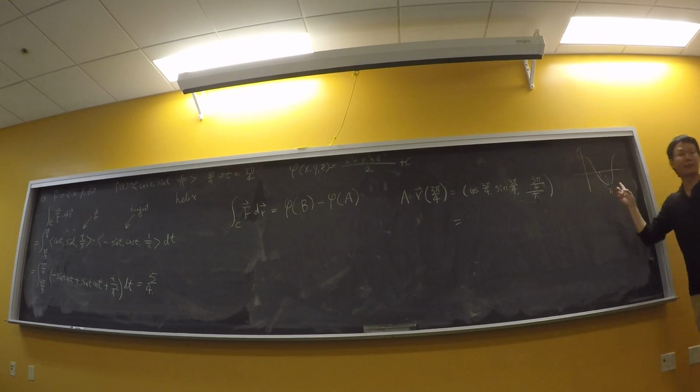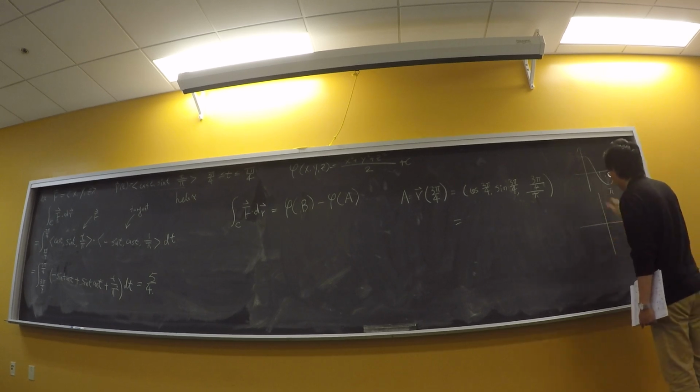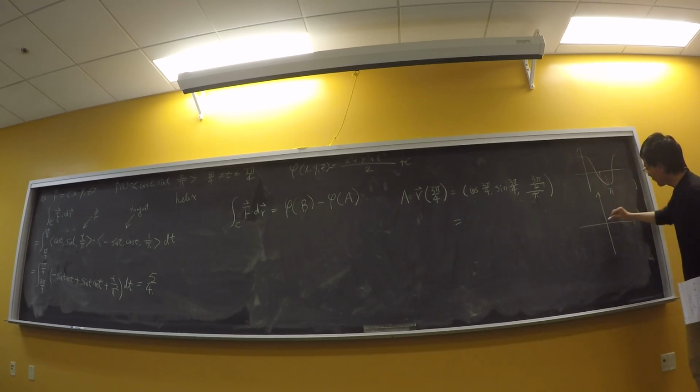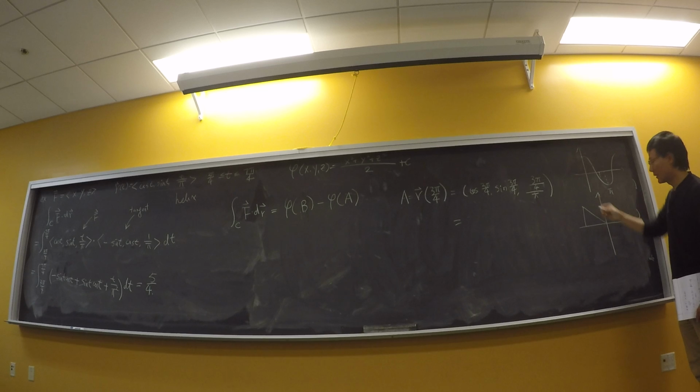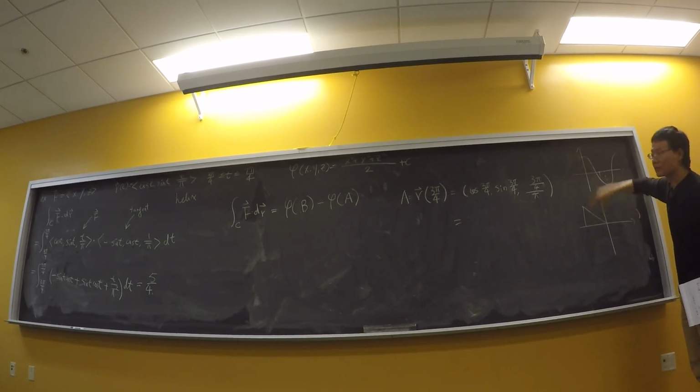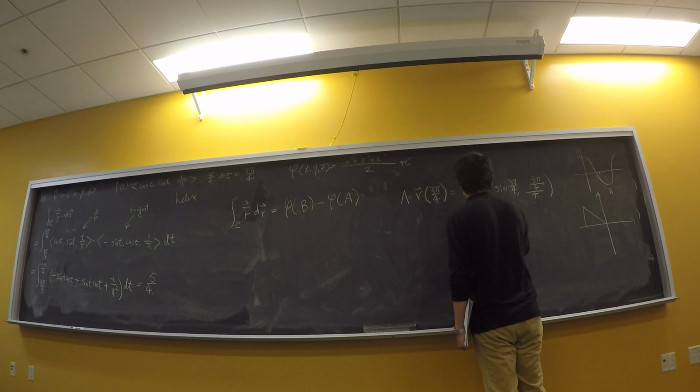One way you can find these trigonometric values is to go back to the trigonometric curve. If you are not familiar with the curve, 3 pi divided by 4 is actually right here. The cosine value is x divided by the hypotenuse. X is minus 1, then you can make the hypotenuse square root of 2. That's why you have minus square root of 2 divided by 2 here.